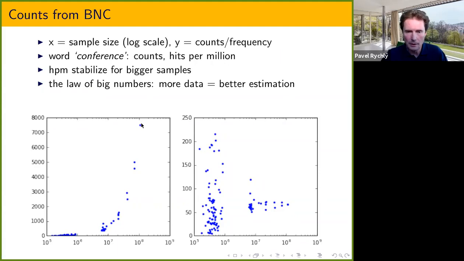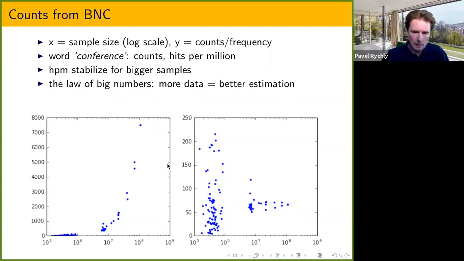So the largest sample size is the whole corpus, 10 to the 8, so 100 million, while the y axis is count or frequency depending on the displayed data.